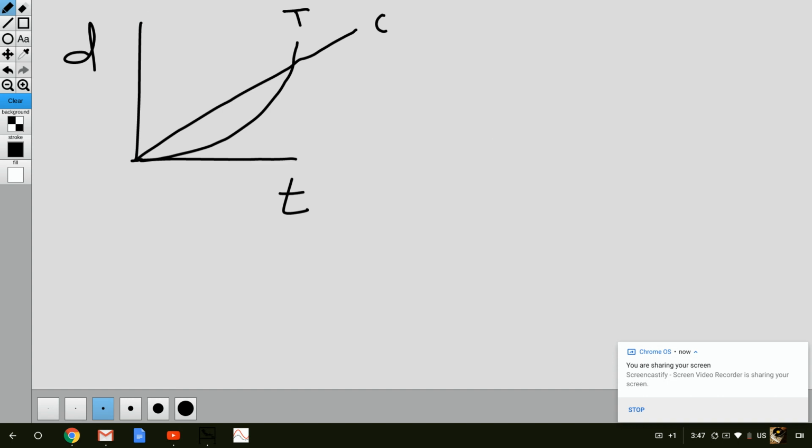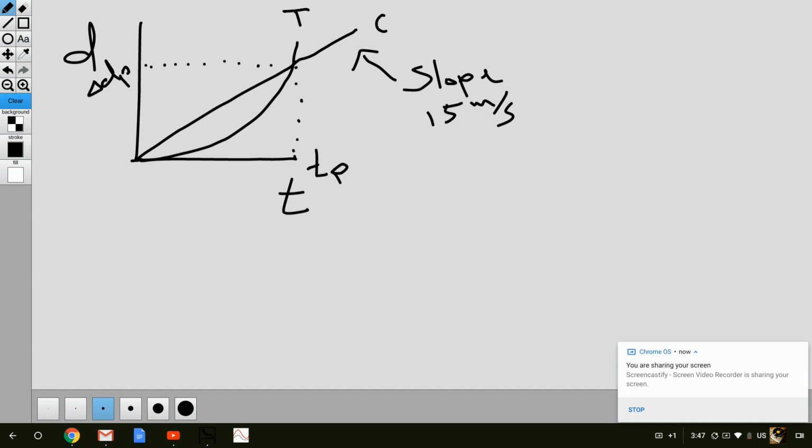We happen to know that the slope of that line should be 15 meters per second because that's the velocity of the car. Now, there's a couple of key points here that we want to label. Right here would be the displacement for when they pass each other. Right here would be the time when they pass each other.